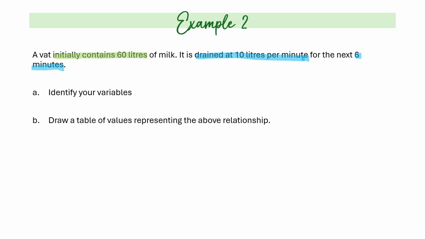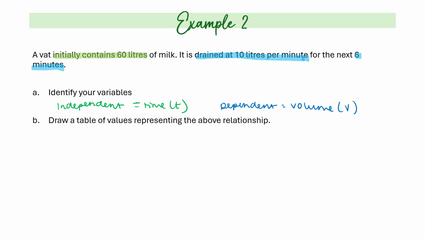So what I can see is that my values are going to go down. Now, once again, our independent variable is going to be time in minutes, and we can still call this t, right? So we've got time in minutes, and then our dependent variable is going to be the volume.